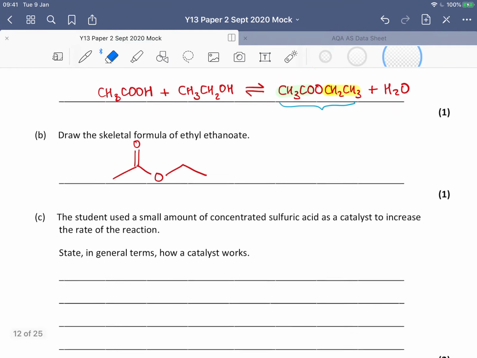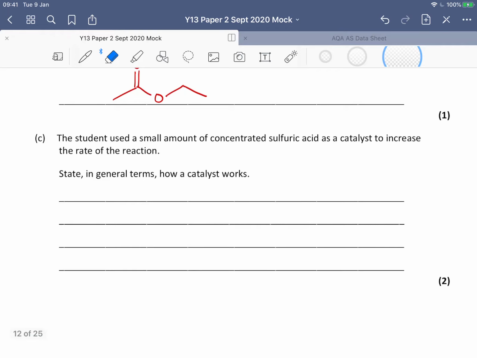Okay, the student used a small amount of concentrated sulfuric acid as a catalyst to increase the rate of the reaction. So state in general terms how a catalyst works.